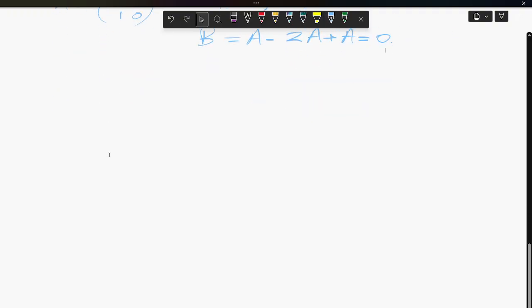Now another thing will arise. Consider, is there a case where B is not the 0 matrix? Let's check. Let A be [1 1 0]. Okay. So then the row sums are 1.